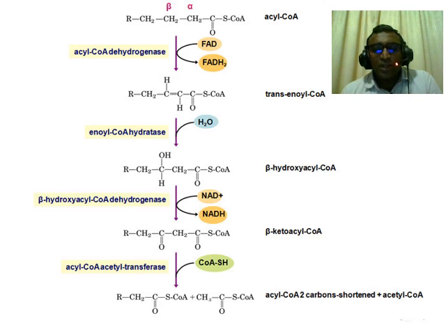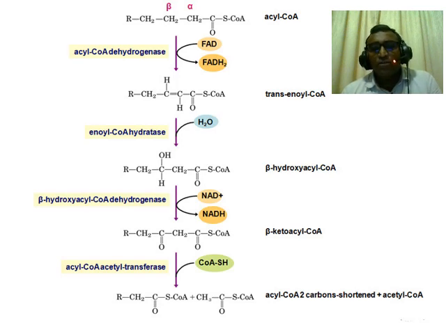It doesn't stop at this. It will keep on going another 4 steps and remove 2 carbon, and this goes on until all the carbon is converted to acetyl coenzyme A.